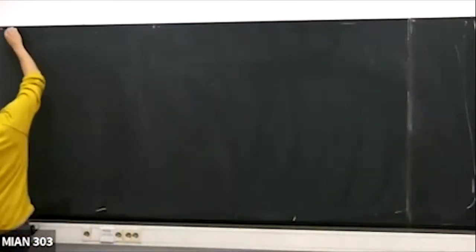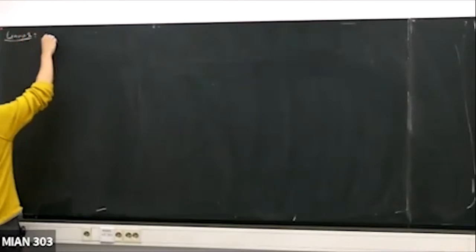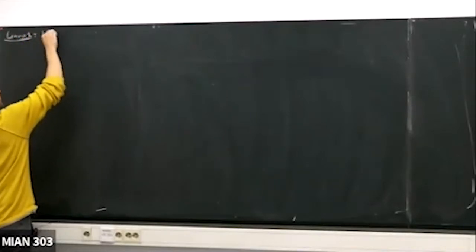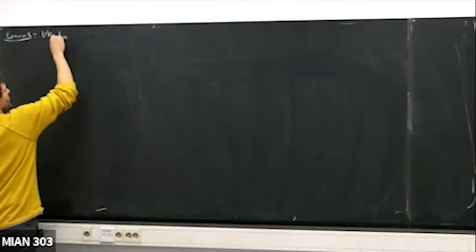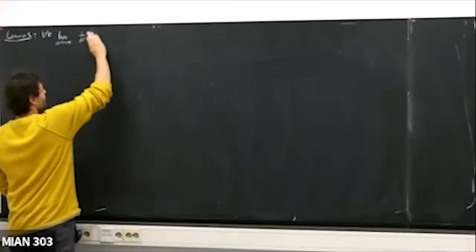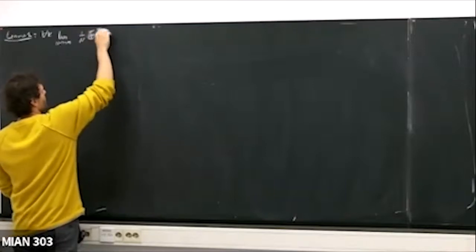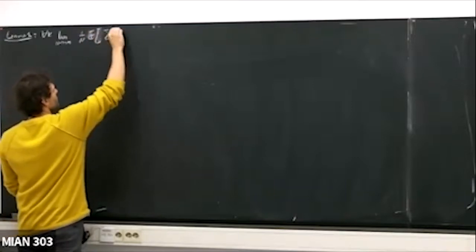So lemma 1 was, for each k, the limit when n goes to infinity of 1 over n, the expected value of the sum of the eigenvalues to the k.